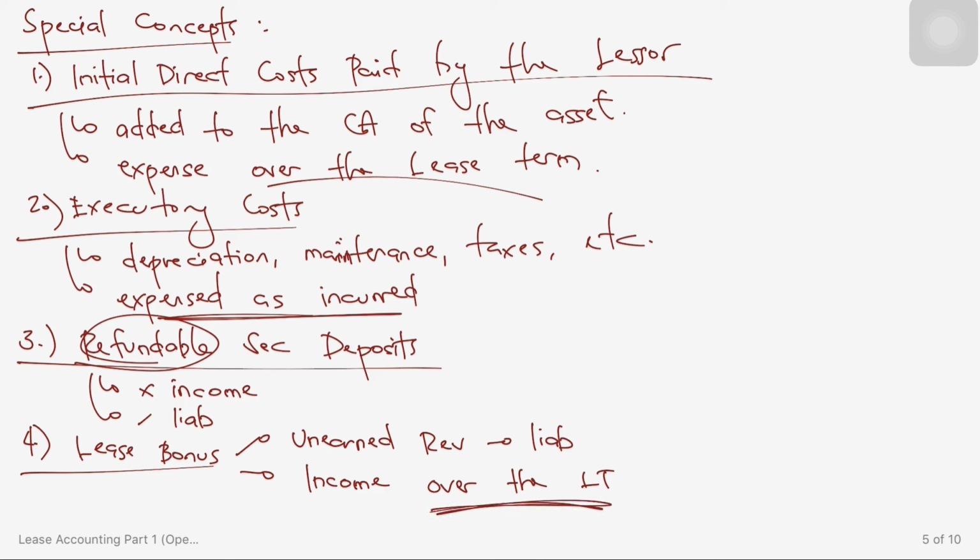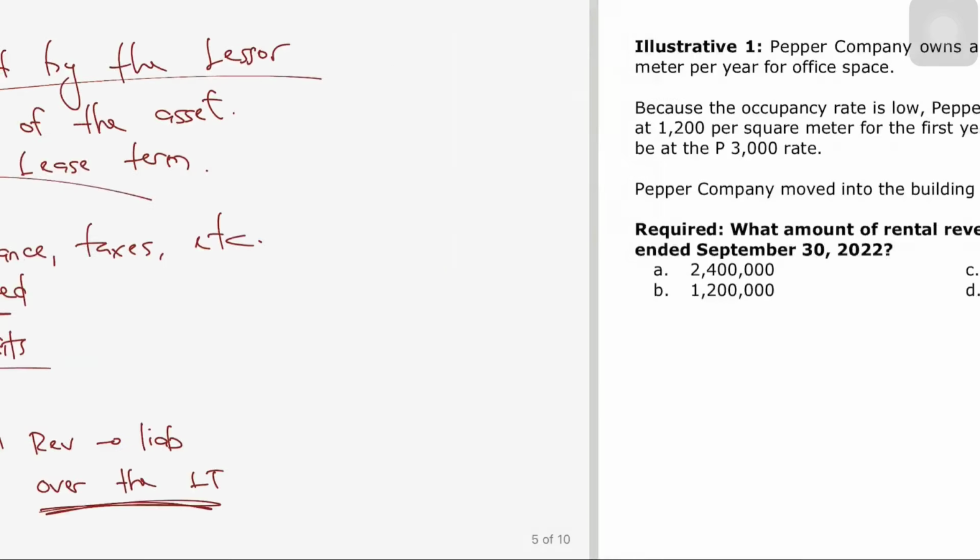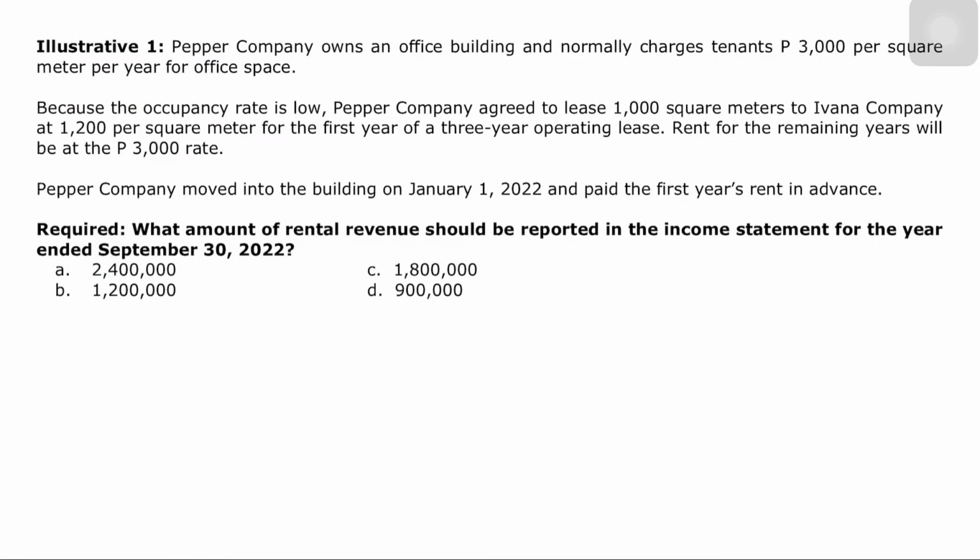Maliwanag? So, to apply all this to the problems, let's now move on here in illustrative problem number 1. Pepper Company owns an office building and normally charges tenants 3,000 per square meter per year for office space.